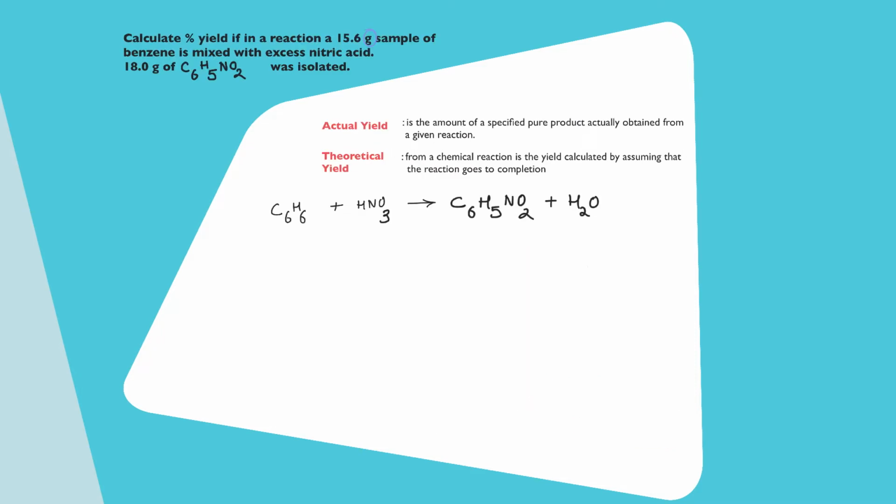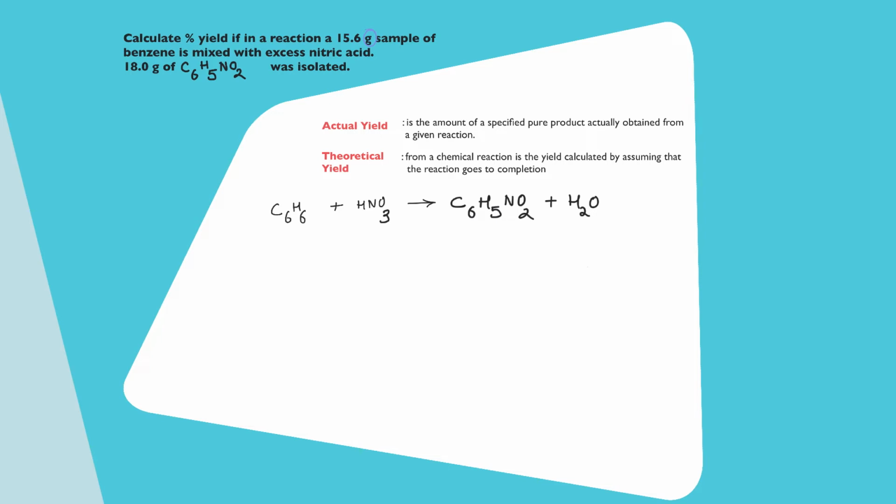The question says that you have to calculate the percentage yield if 15.6 gram of benzene reacts to give 18 grams of C6H5NO2. So the first thing is you have to calculate the masses, because the question is already giving you the mass.